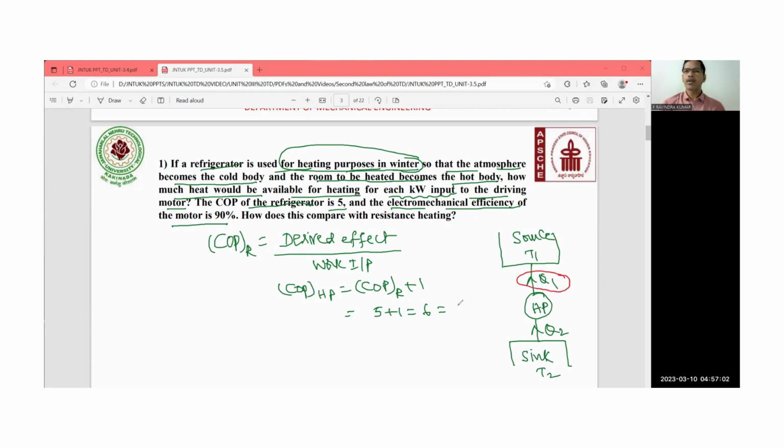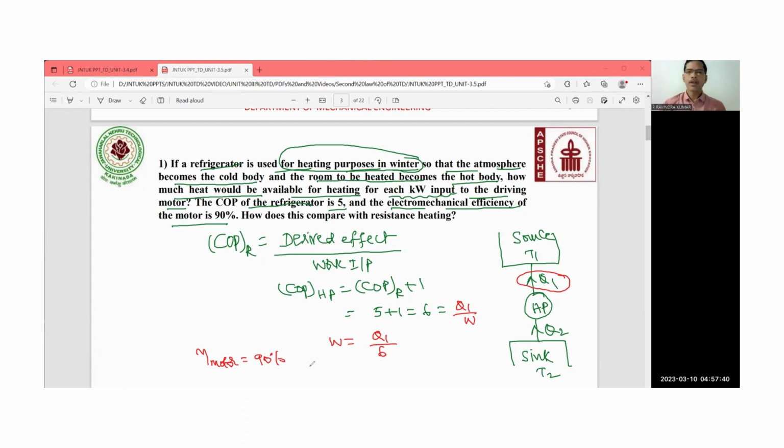So that is nothing but equal to Q1 divided by W. So this W is already given. So W is equal to Q1 divided by 6. But the motor efficiency here is 90% to operate the condition, right?